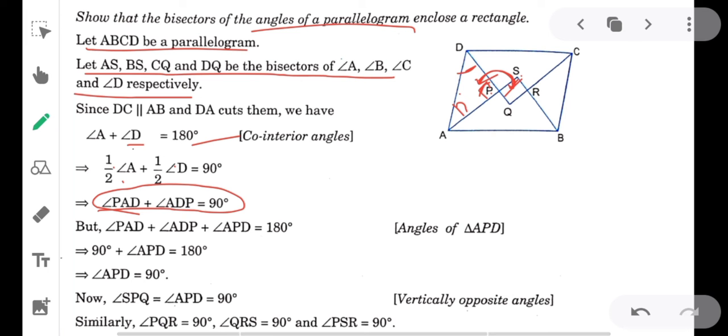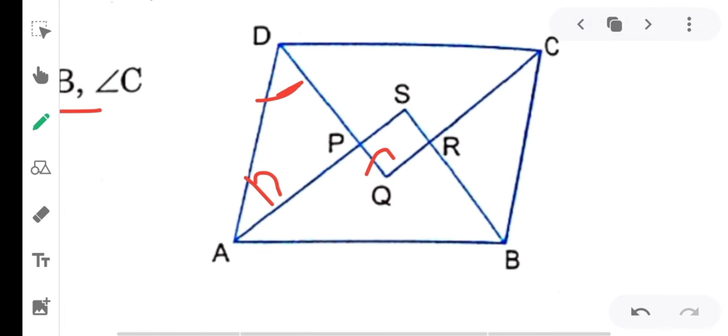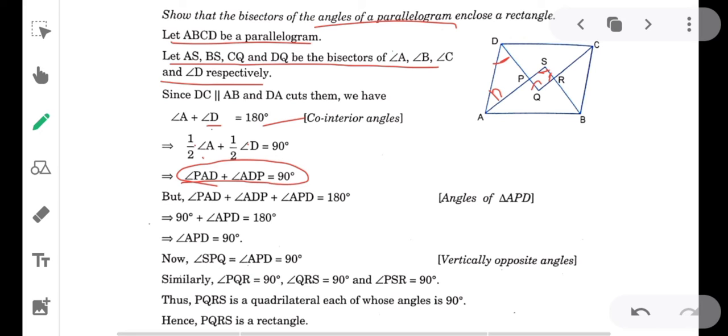Like that, we can prove PQR is also 90. Angle PSR is also 90, and SRQ is also 90 degrees. Now in this quadrilateral PQRS, all angles are 90, so PQRS is a rectangle. Clear?